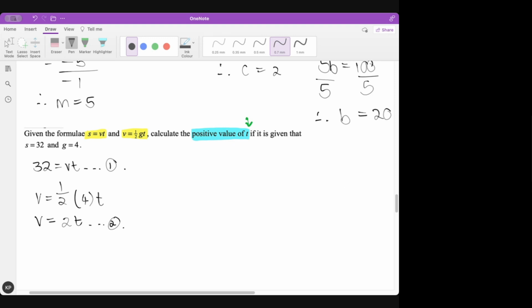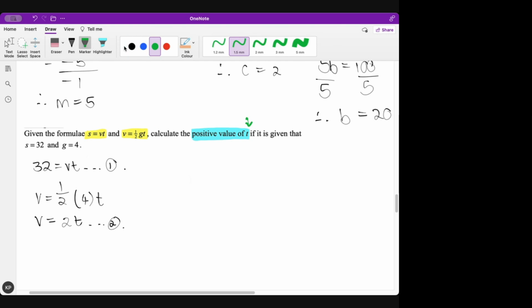Okay, which means what, Alice? Tell me what I'm substituting where, because simultaneous means we're substituting something somewhere, right? Are you with me? V equals 2t, okay? Yes.